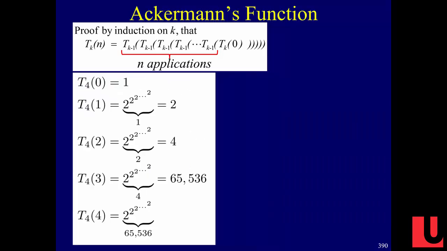All right, so now what about T4? So T1 is a stack 1 high, which is just 2. And now we take this answer and get a stack 2 high, which is 4. And then we take this answer and get a stack 4 high, which is this. And then you take this answer and you get a stack this high.